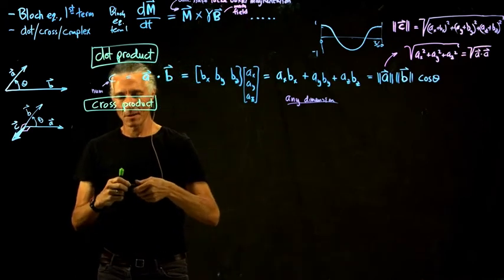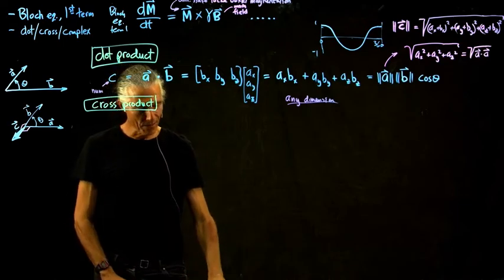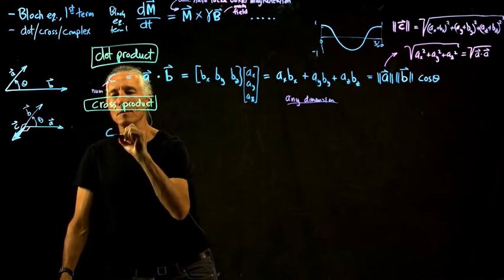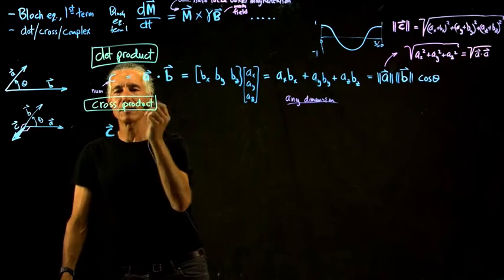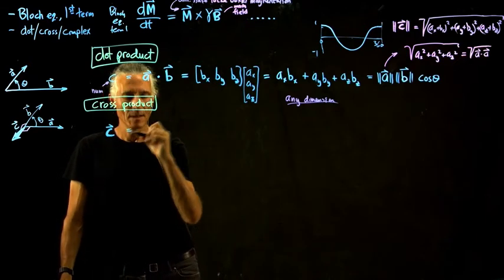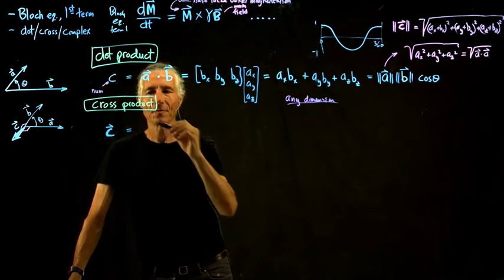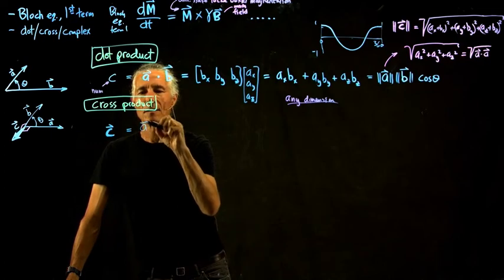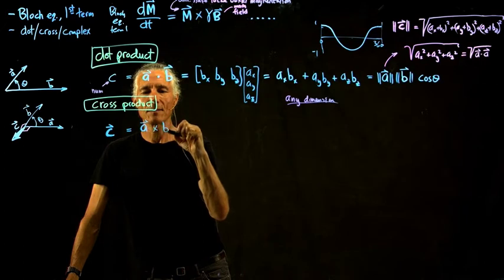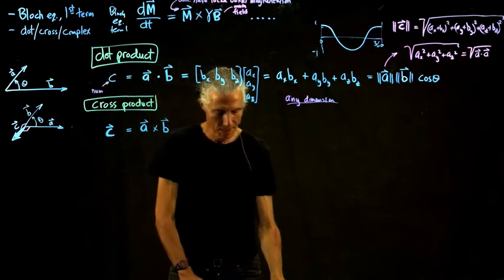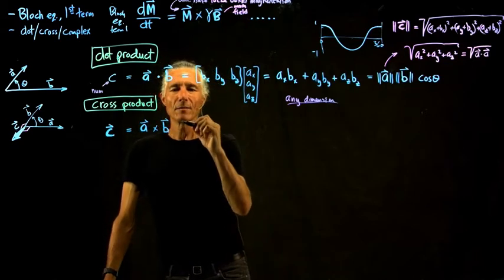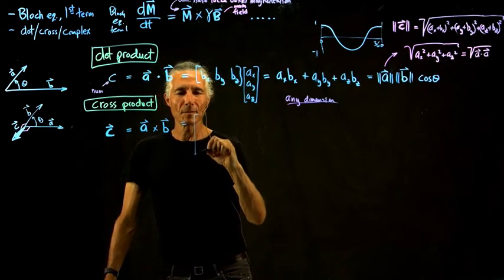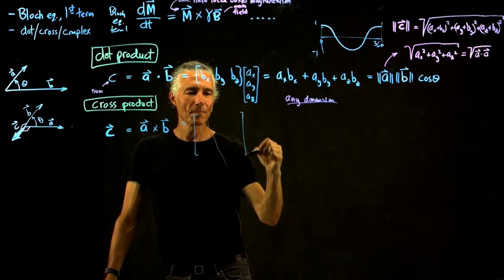So let's write that out. Now we're going to get a vector. The cross product gives us a vector instead of just a number. So A cross B. You remember that it would be a different answer if it was B cross A. Doesn't commute. And we can write this out as a somewhat bizarre-looking matrix now.